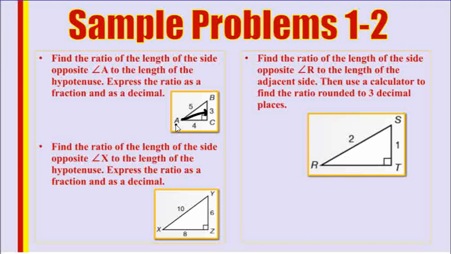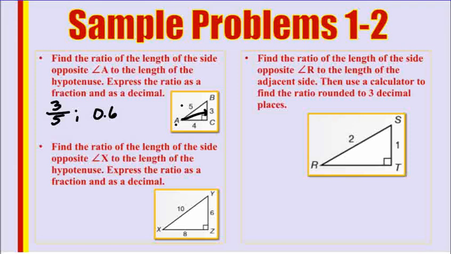So we have opposite side 3, the hypotenuse is 5. So that's our fraction, 3/5. 3 divided by 5 would give us 0.6. So that would be our ratio as a fraction, and our ratio as a decimal.